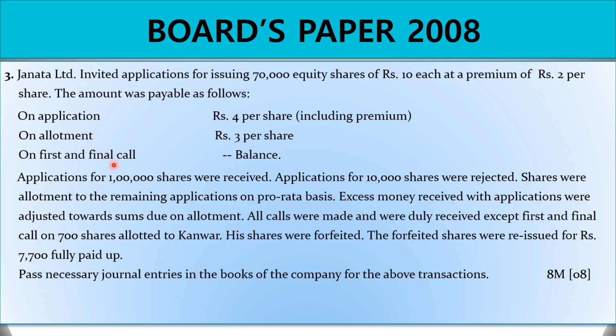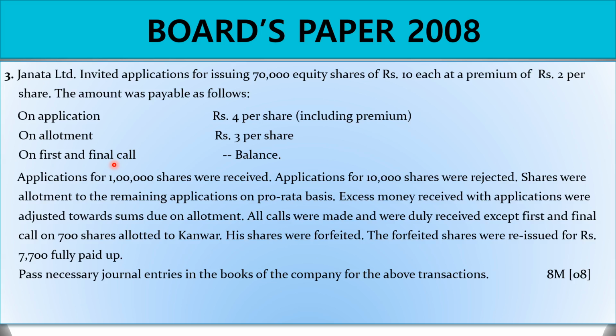So when these 3 conditions are satisfied, at that time you have to find out the actual amount due from allotment or first and final call, whatever it may be, and that calculation is called actual pro rata allotment arrear calculation.